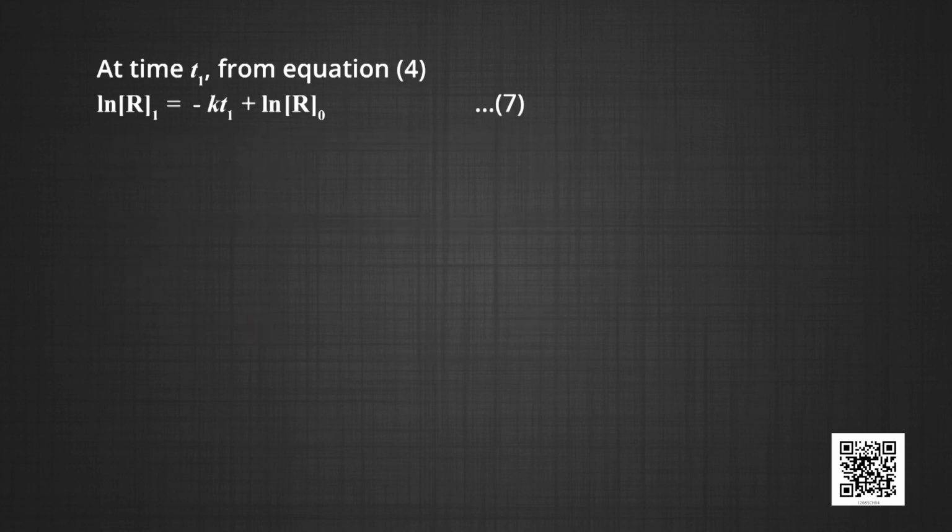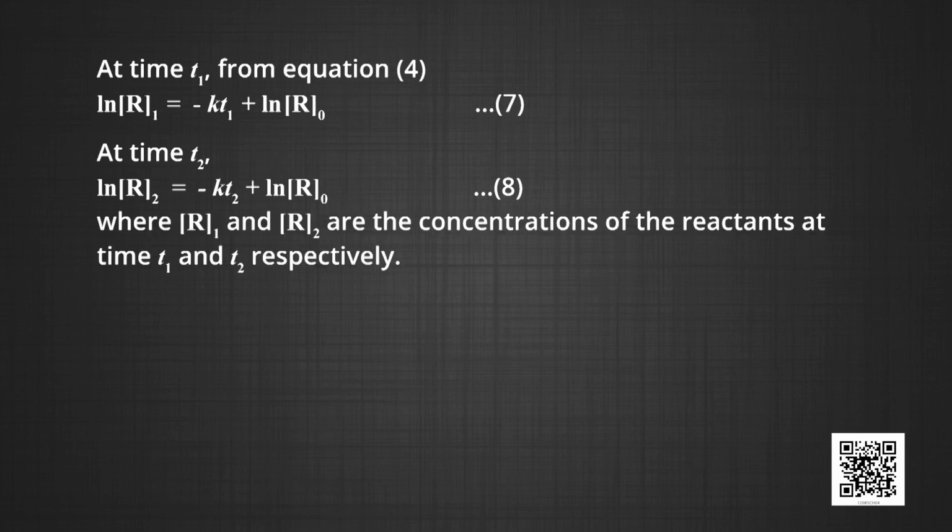Now, at time t1, from equation 4, natural logarithm of [R]1 equals minus kt1 plus ln [R]0. This is the 7th equation. Now, at time t2, ln [R]2 equals minus kt2 plus ln [R]0. Again, this is equation 8. Here [R]1 and [R]2 are the concentrations of the reactant at time t1 and t2 respectively.